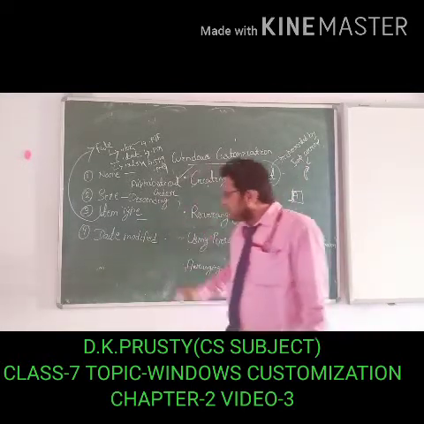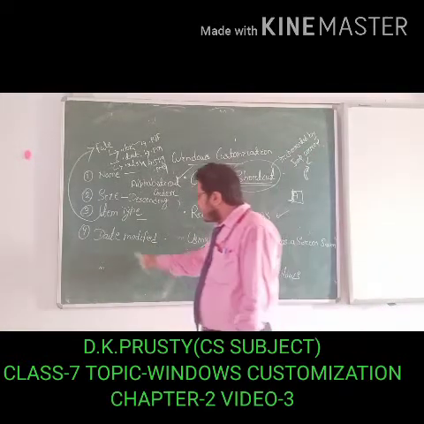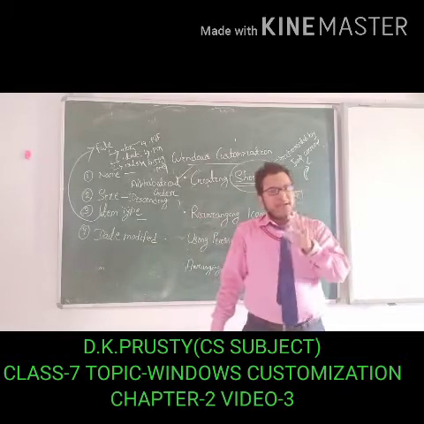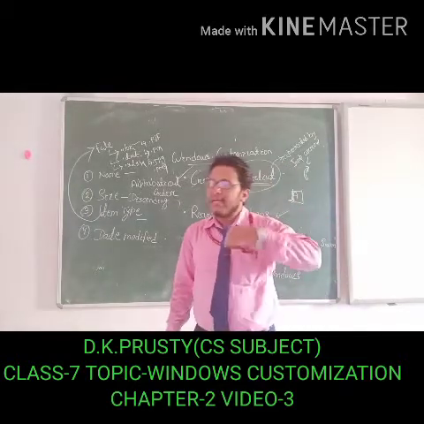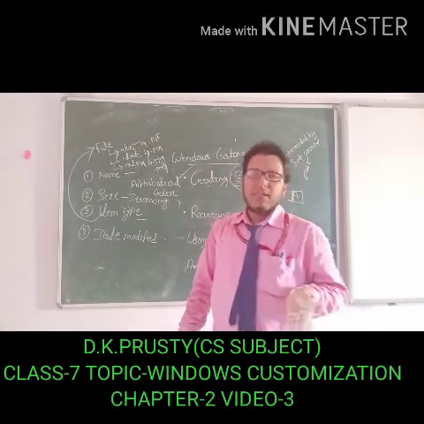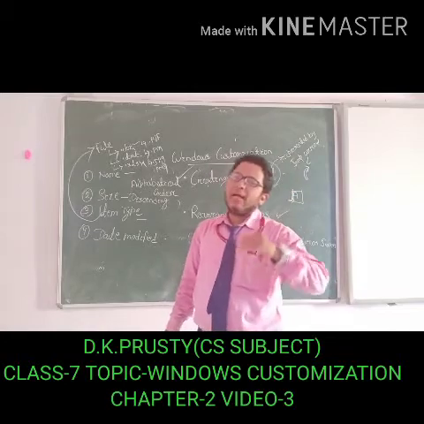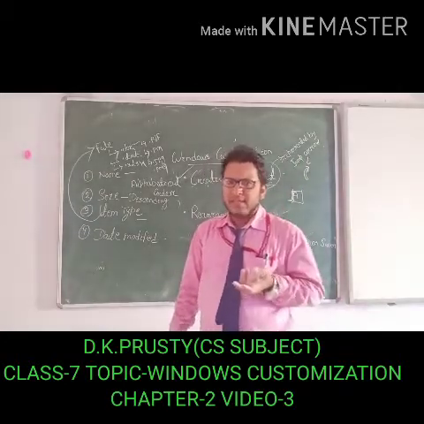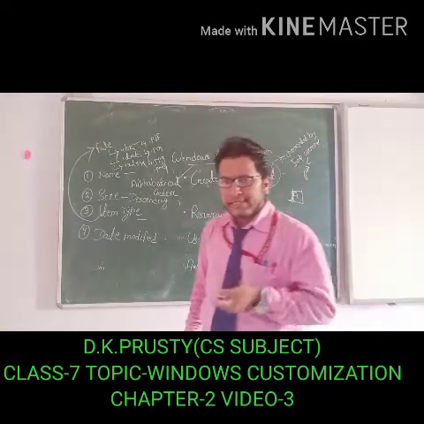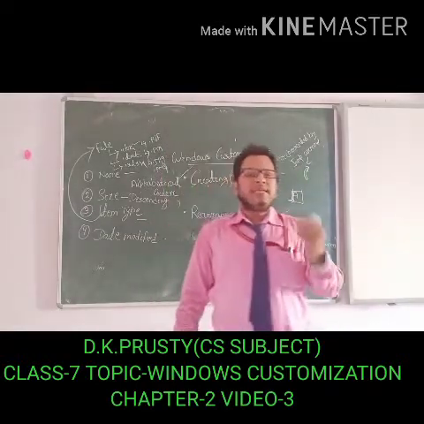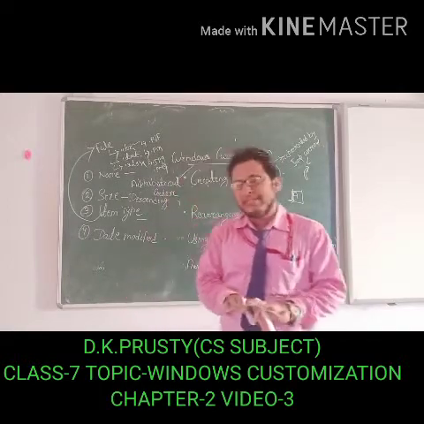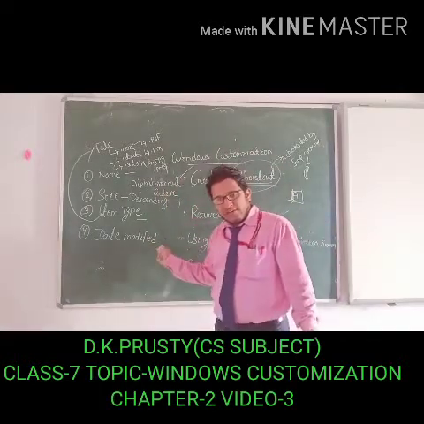Okay, and the last one, students, is date modified. Date modified means when you create the file, the date is generated automatically. In the date modified, at what time you edited, opened, created, or deleted, all these things are recorded.